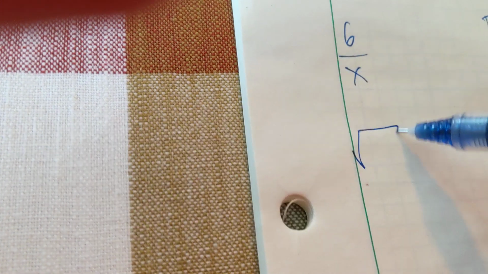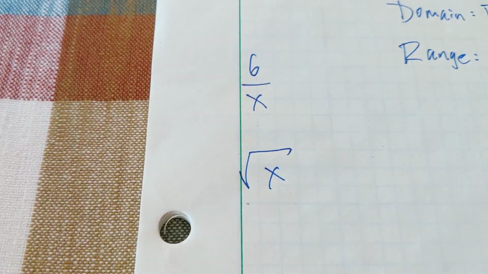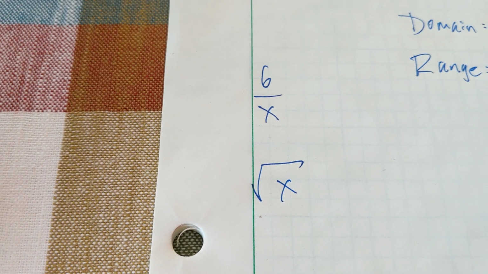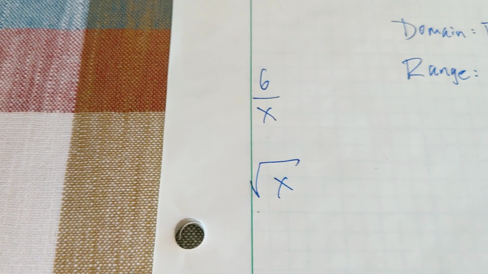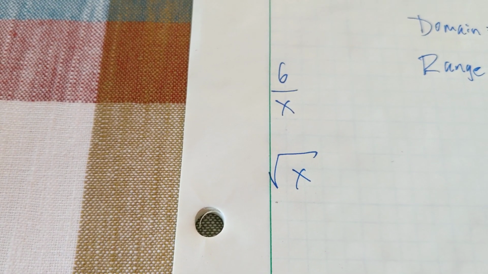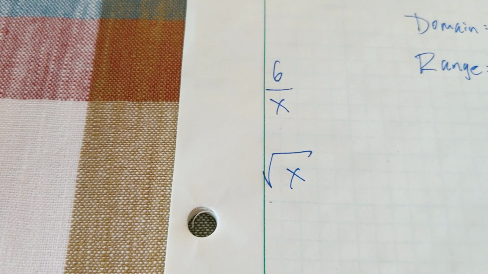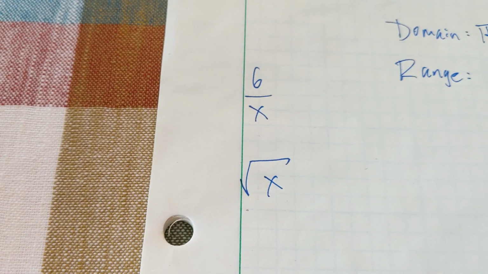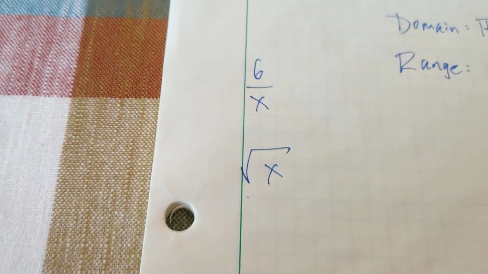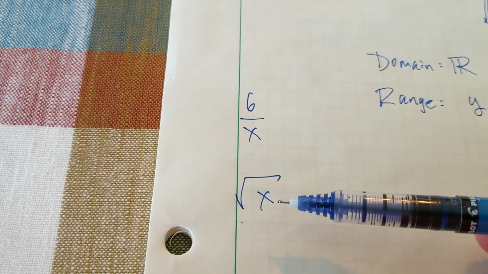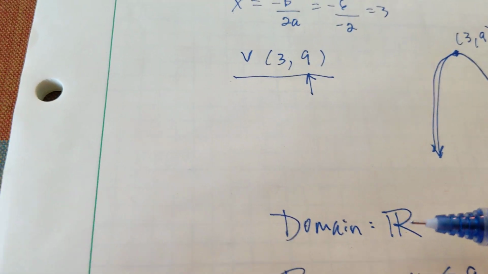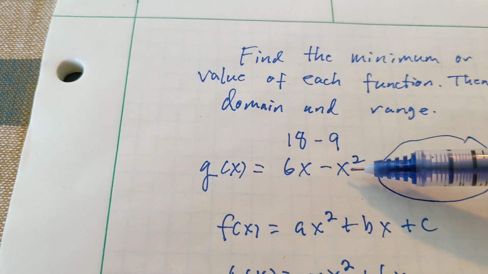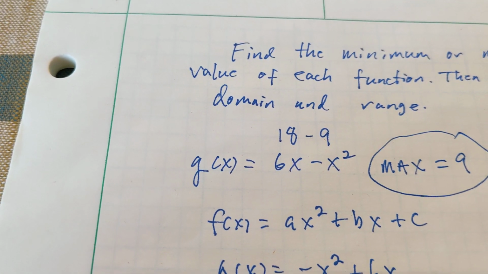Not only that, if you had this equation, you wouldn't be able to use any negatives because you can't take the square root of a negative number. The square root of 4 is 2 because 2 times 2 is 4. But if I ask you the square root of negative 4, there's no answer in the real number system because positive 2 times positive 2 is positive 4, and negative 2 times negative 2 is positive 4. So for this, you would have to restrict negative numbers. The domain on this problem is all the real numbers because nothing would be restricted. You can put positive or negative numbers, even 0. That's not going to affect anything.